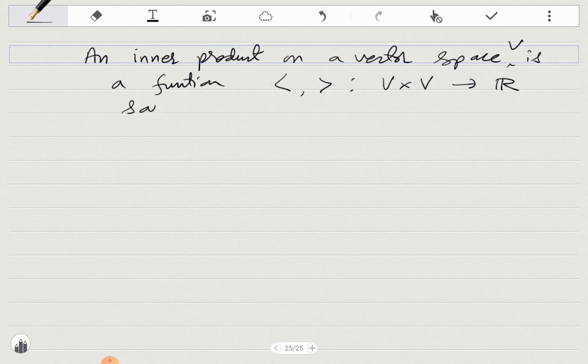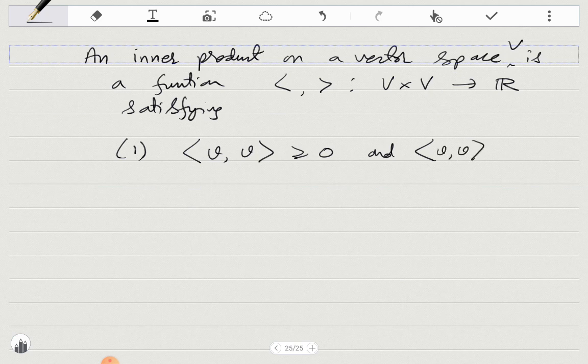So the inner product of v with v is always greater than or equal to 0, and it is 0 if and only if v is 0.